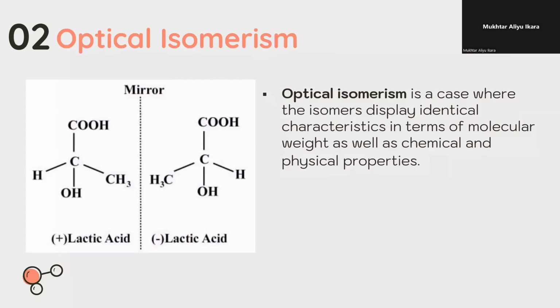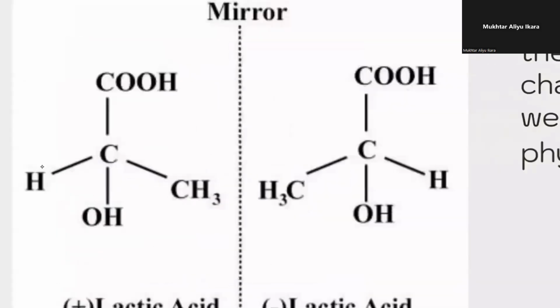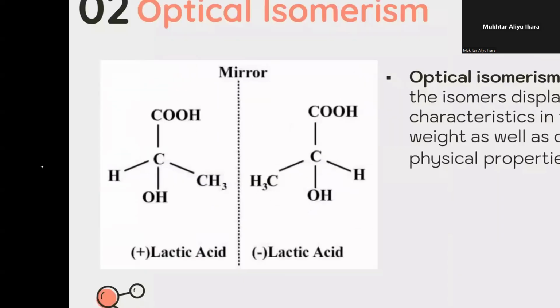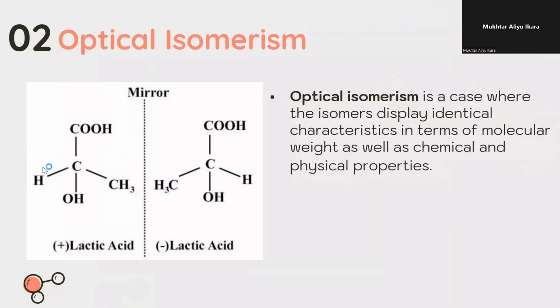For example, look at our hydrogen here. You can see clearly the hydrogen we have here, and we also have hydrogen here. So this compound is a mirror image of this compound.